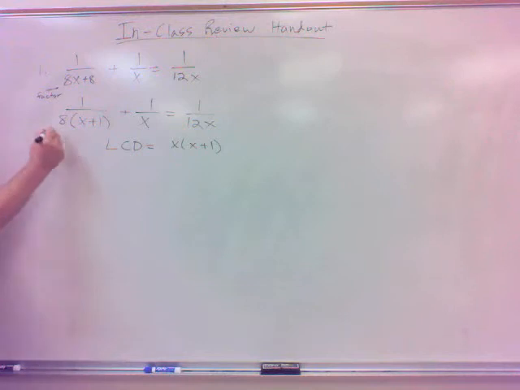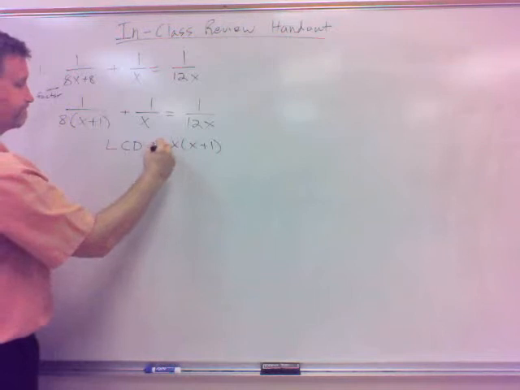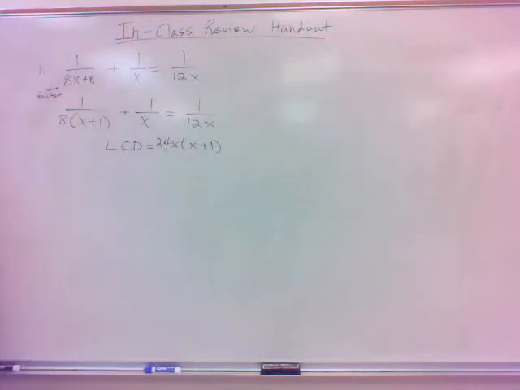And then I have the 8 and the 12. Now I'm looking for a multiple of both of those. Both of those go into 24. So 24x times x plus 1 is going to be the LCD. And what do I do with that LCD?